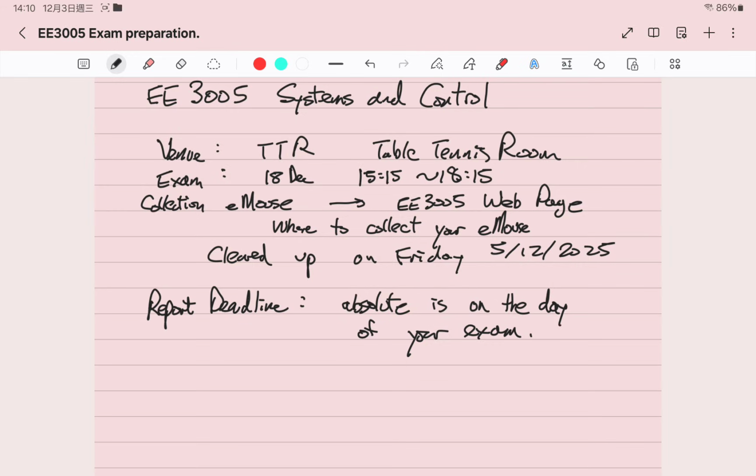Right, next let's turn to our exam, how to prepare for your exam. Before I go into the details of the format of the exam paper, I will tell you a few things.